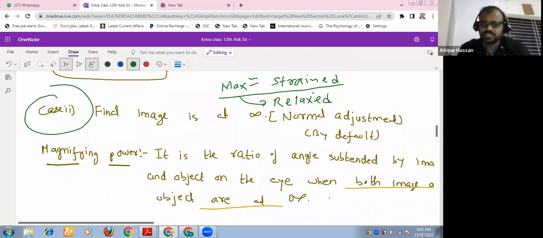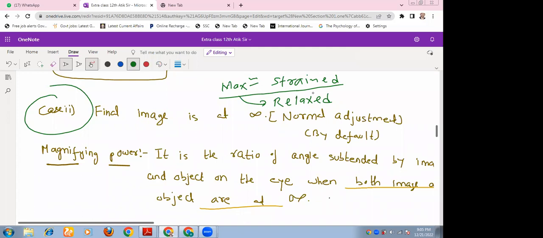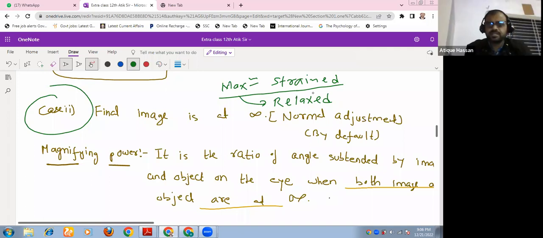Images beyond the least distance of distinct vision. Correct. When the language is maximum strained, it means the final image is formed at the least distance of distinct vision. In case of D, final image at capital D, the eye is maximum strained. And when in the question it is asked to find the magnification for the case when the eye is relaxed, it means you have to consider the case of final image at infinity.